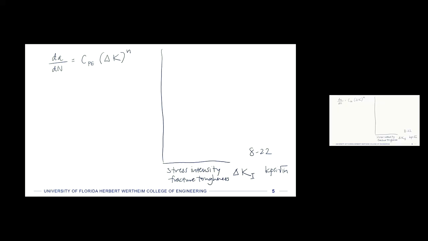And then they plotted that versus the dA/dN. You can see now that this equation has a coefficient, the x-axis variable, the independent variable delta K, and then the power law fit n. This was done with the same material that I wrote about before, that nickel, molybdenum, vanadium alloy steel.